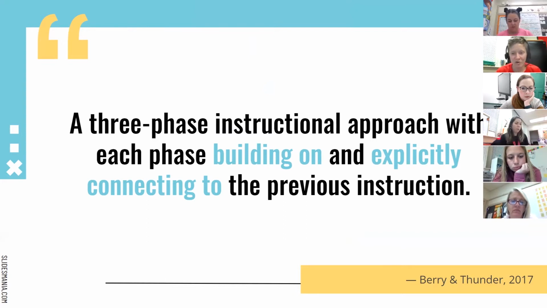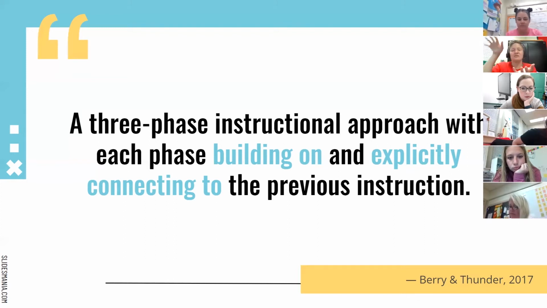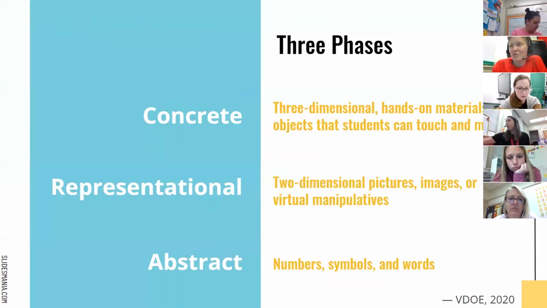So there are these 3 parts. And I think those keywords about building on: one, we need that foundation of the concrete, and then building on top of that will be the representational, and building on top of that will be the abstract. But it's not just 3 separate layers. We definitely have to have connection between those 3 layers. So those 2 actions seemed really important to me.